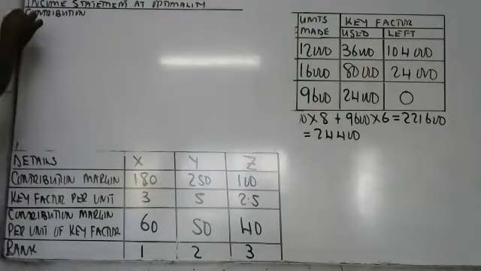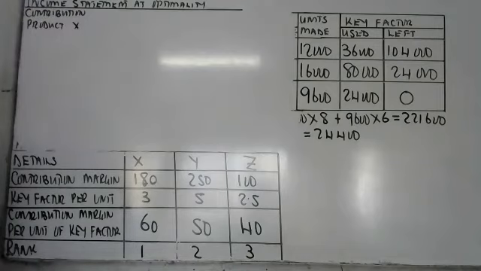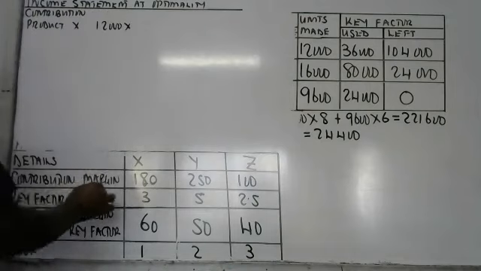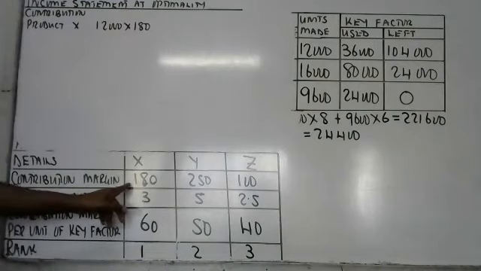So this contribution, let's start with product X. Product X, we are making 12,000 units, and each one has a contribution margin of 180.